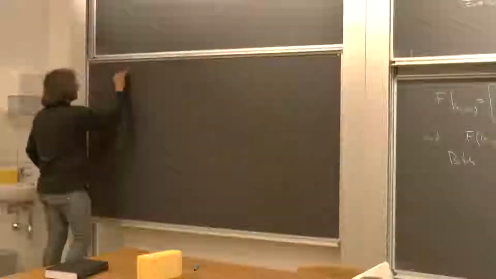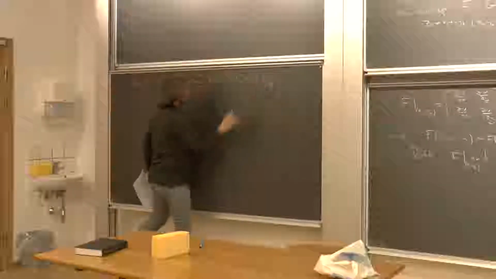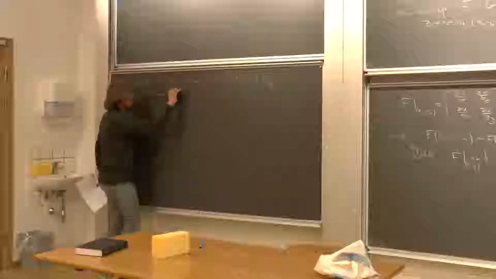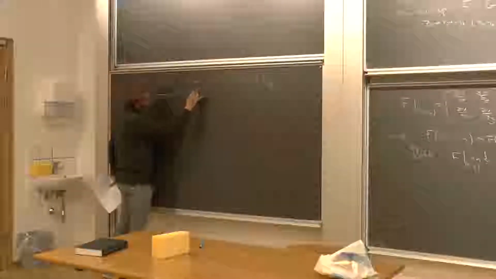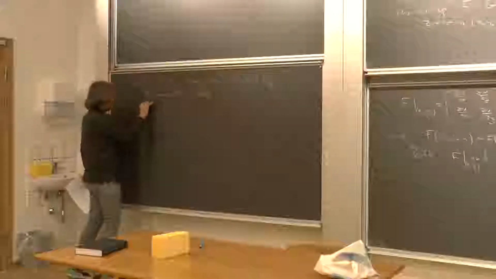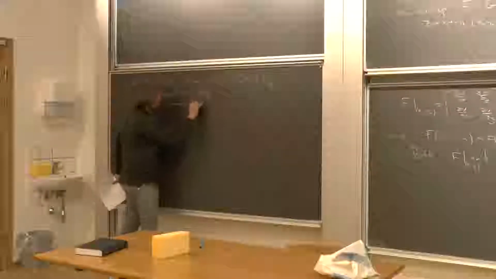We get that they are related by the standard embedding of complex numbers into matrices of size 2 over real numbers, which takes A plus Bi to this matrix.